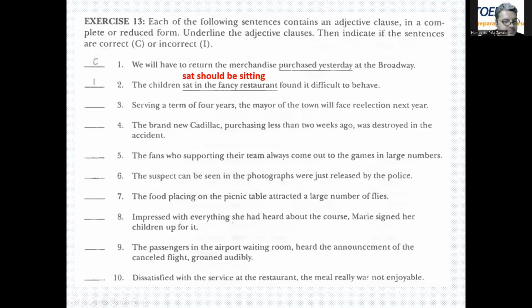Okay, now that you finished, right, we have: serving a term of 4 years, the mayor of the town will face re-election next year. So this is correct. Okay, which is, the mayor of the town who serves, for example, right? So we will eliminate who, the main verb changes to ing, and that's why.